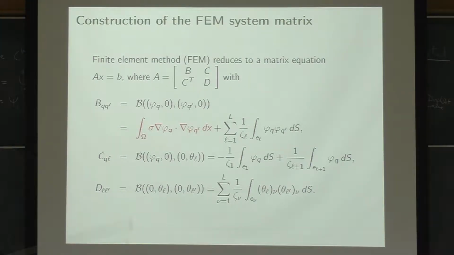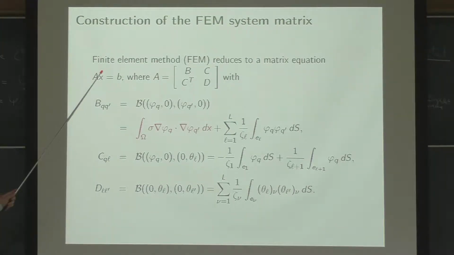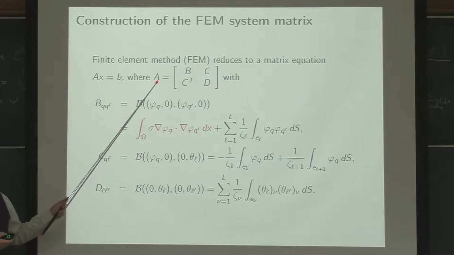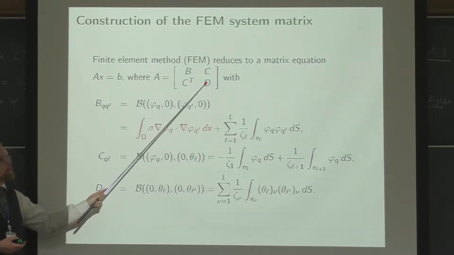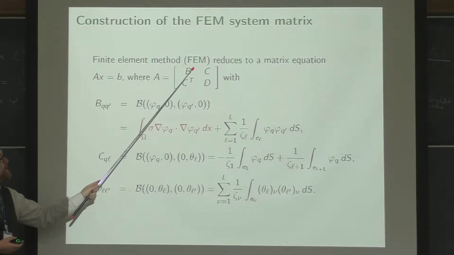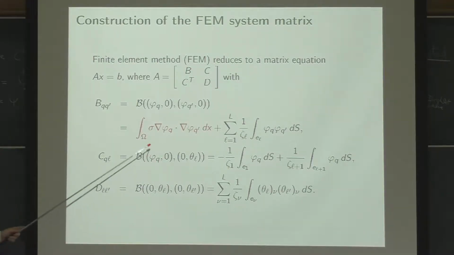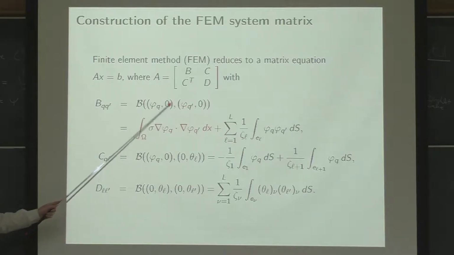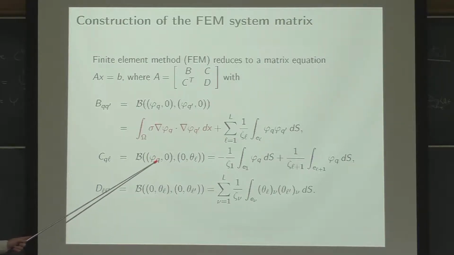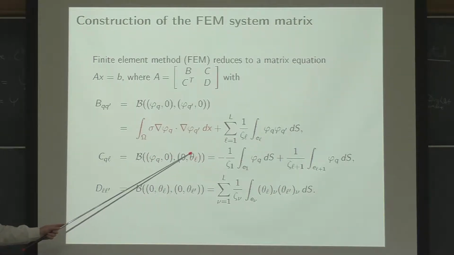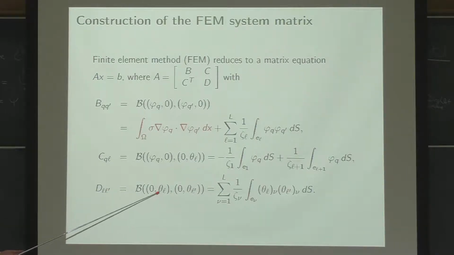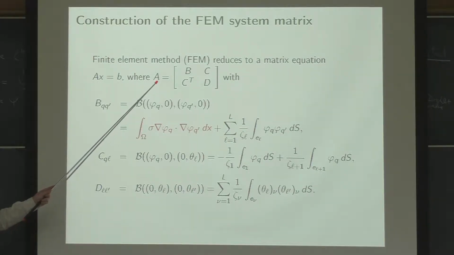And then the finite element method goes into this kind of situation, so just a matrix equation where the matrix contains 4 blocks, where the B block is dealing with the interior functions only. The C block is kind of interaction between the interior functions and the voltage vectors, and then the D part is just interaction between the voltage vectors. So this is how to construct the matrix A.